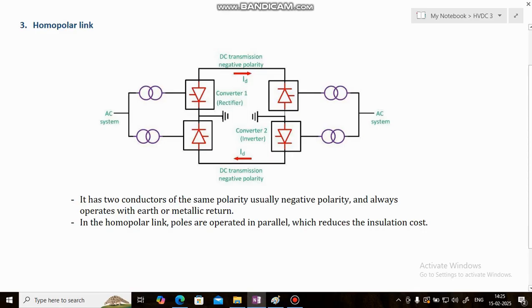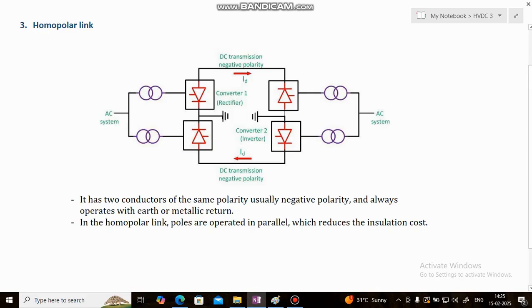In the homopolar link, there are two conductors which transfer the DC power, but they are of the same polarity. Like here in this diagram, you can see that both are negative polarity conductors which are transferring the power in the system.